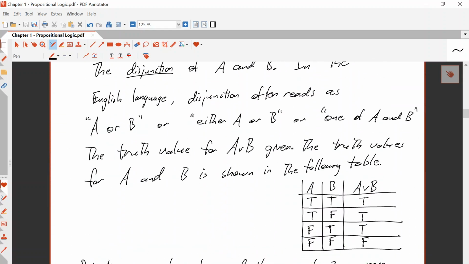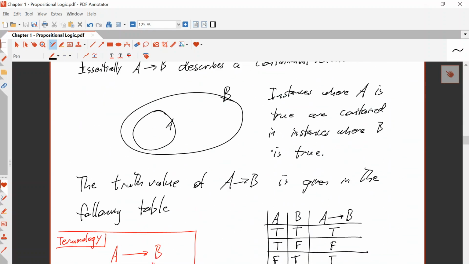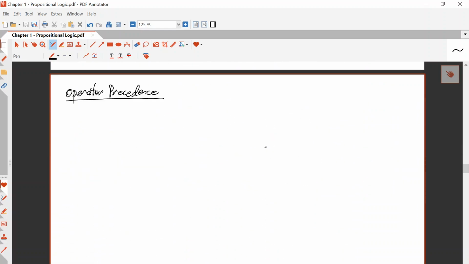Like in ordinary arithmetic, multiplication takes precedence over addition. Here we also have operator precedence. The highest precedence is negation. The next highest are and, or, conjunction and disjunction, and neither has precedence over the other. The third is implication, and the fourth is double implication.